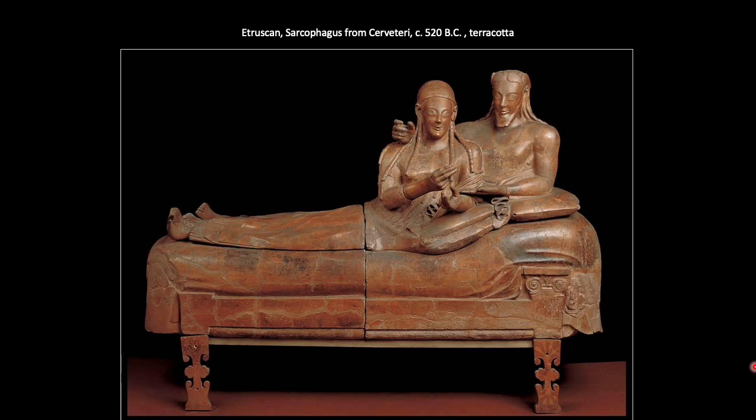And then it's thought that she also held a pomegranate in her other hand, which was a symbol of immortality. So the fact that the woman is quite involved in the events is interesting and unique.